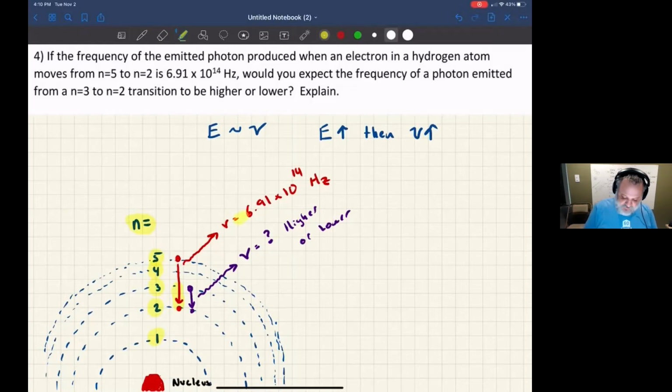So if this is the frequency for the transition between 5 and 2, then the frequency for 3 to 2 has to be lower. And that's the explanation.